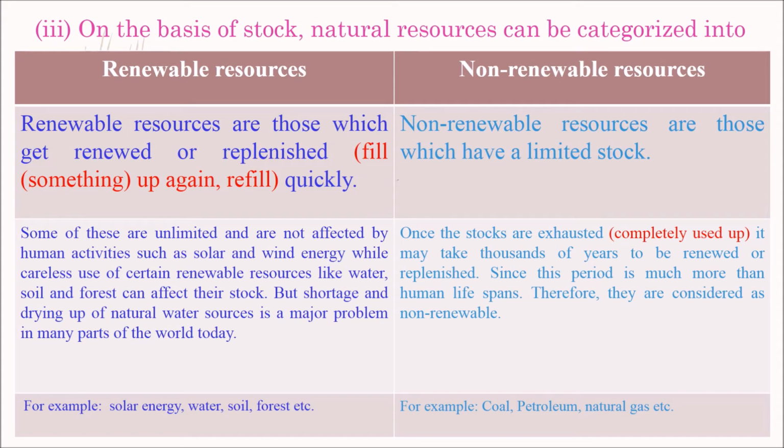Since this period is much more than human lifespans, they are considered as non-renewable. Examples of renewable resources are solar energy, water, soil, forest, etc. Examples of non-renewable resources are coal, petroleum, natural gas, etc.